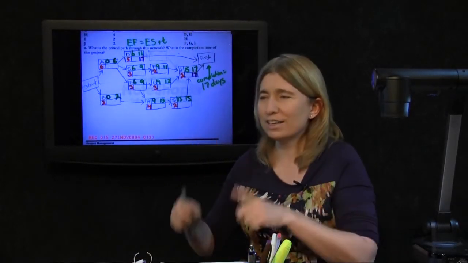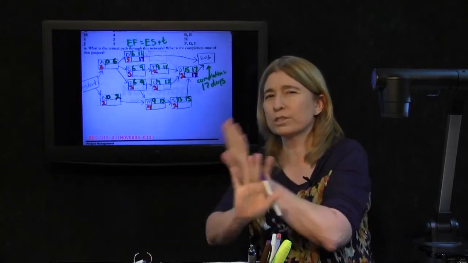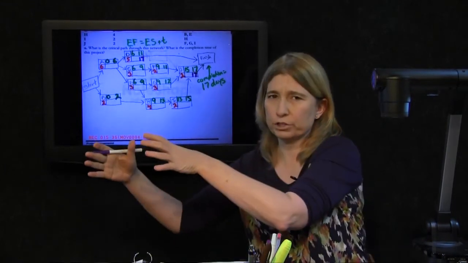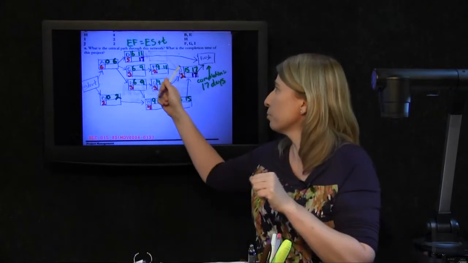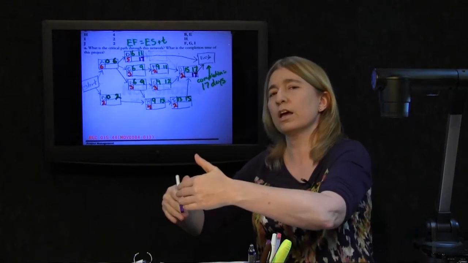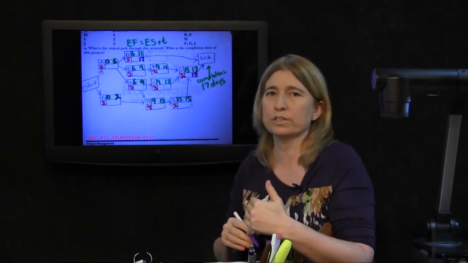Because to find late start, late finish times, we do the reflection, almost the opposite of what we were doing earlier. We start at the finish node and we're going to work our way back towards the start. We start at the finish node by declaring that 17 is our new deadline, so that anything that comes at the end of the project at the very latest must be finished in 17 days.